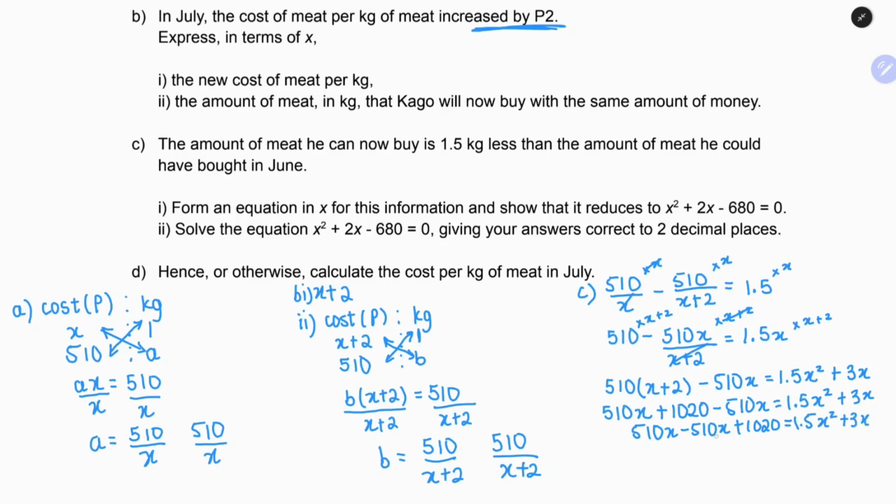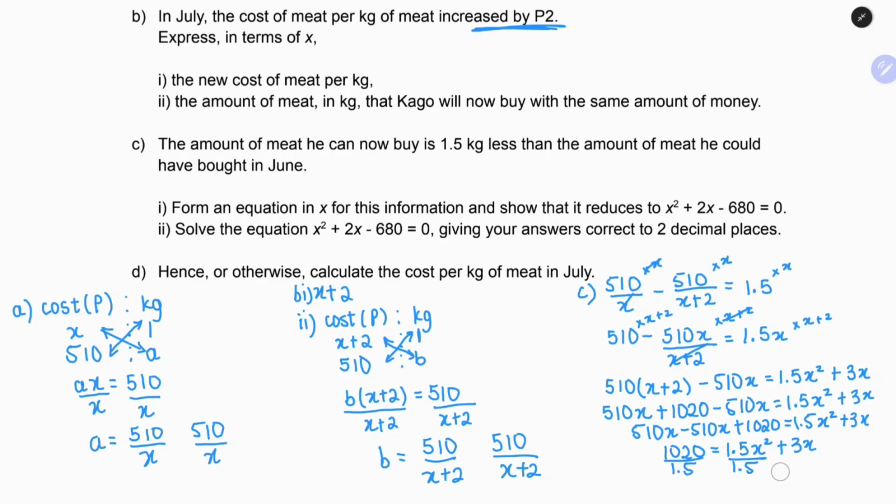And 510x minus 510x would be 0. So we're going to remain with 1020 is equal to 1.5x squared plus 3x. So divide by 1.5 here, divide by 1.5 there.